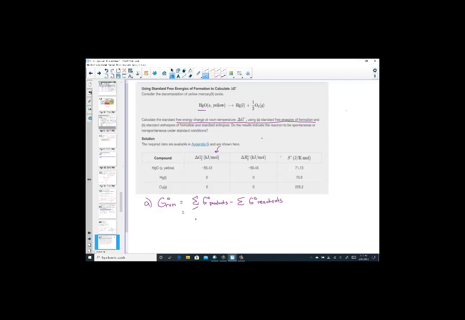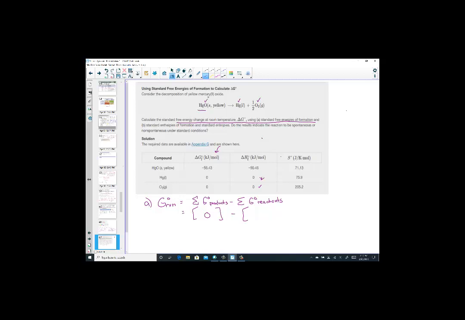And that would begin by looking at the elemental form of mercury, which we know would be 0. The elemental form of oxygen, which is 0. So the products have no value. They're both assigned zeros.